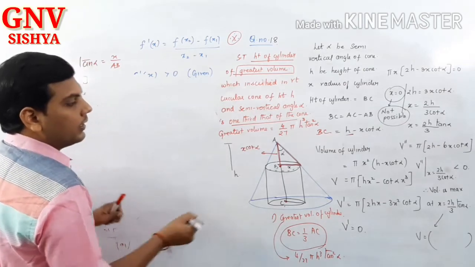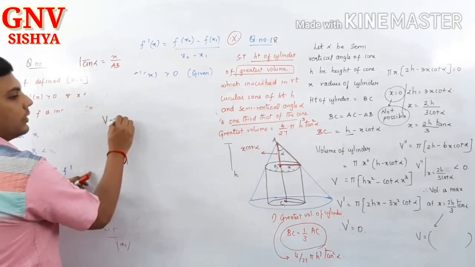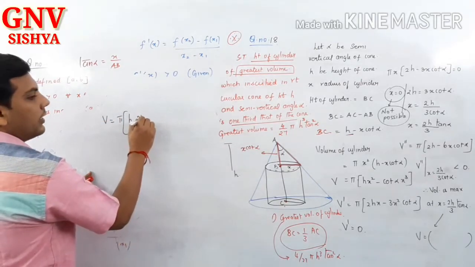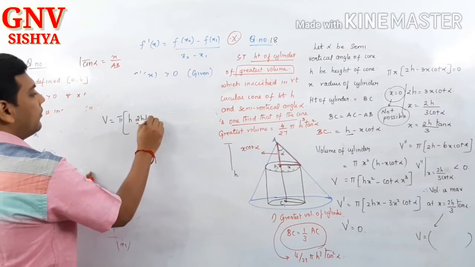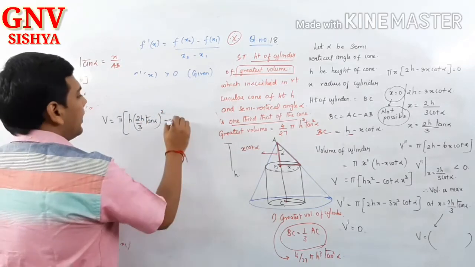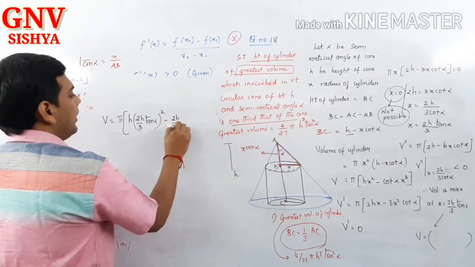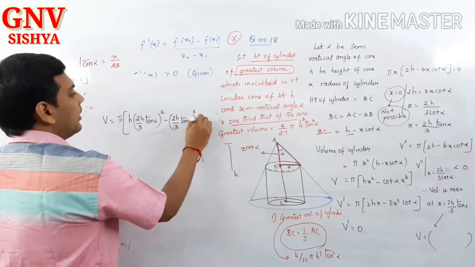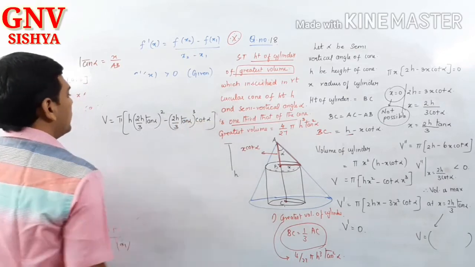So if you substitute here in the volume, what will happen? Volume is equal to pi into h, so the x value is 2h by 3 tan alpha the whole square, correct? Minus, here it will become 2h by 3 tan alpha the whole cube, and inside we have cot alpha. Correct? So now what will happen?